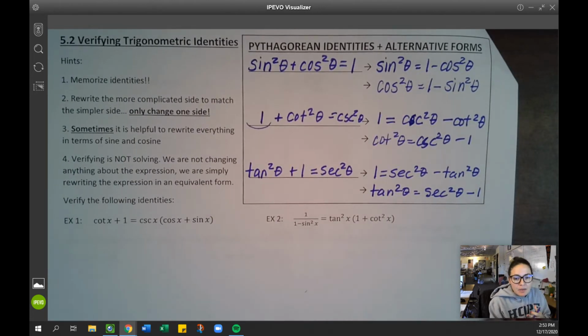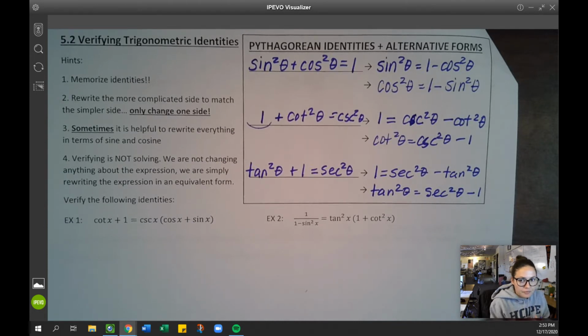Basically, anytime I see a trig function squared and a 1 in the same expression, I assume I'm going to use a Pythagorean identity somehow. Again, that's not always the case, but I look to see, can I change this into something a little more simple?